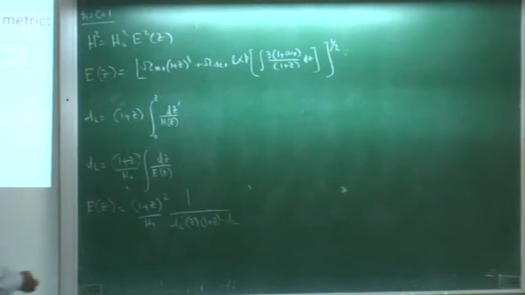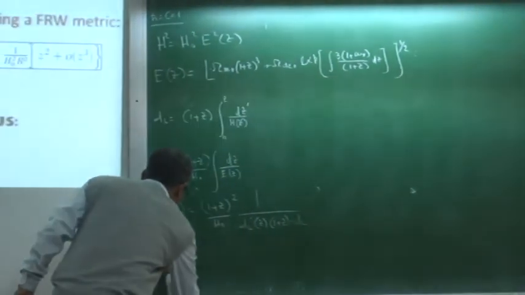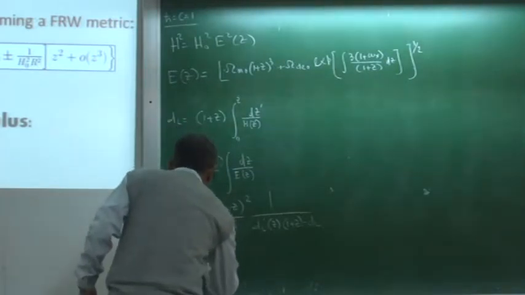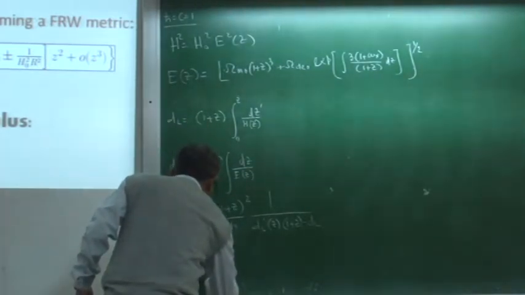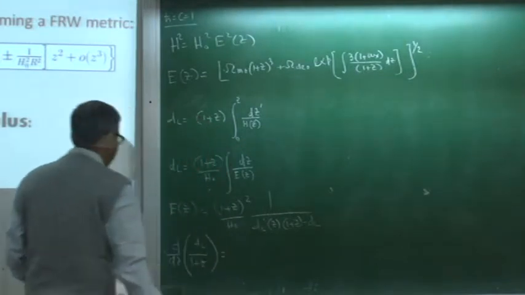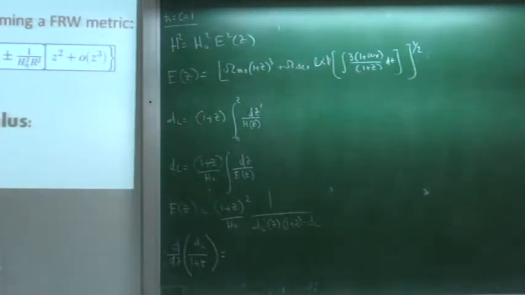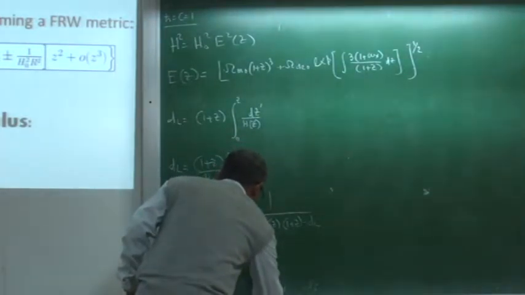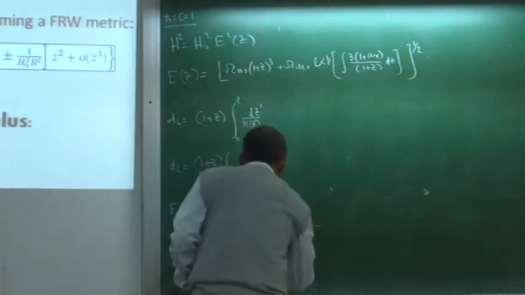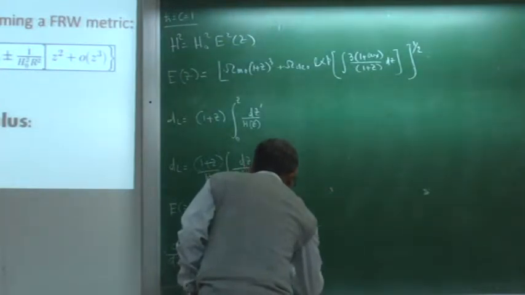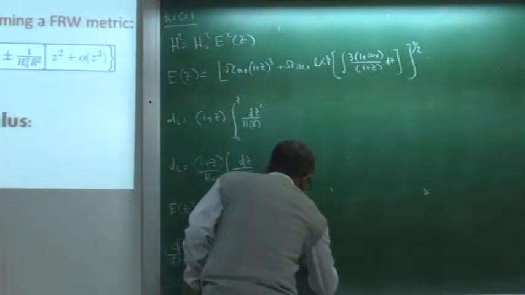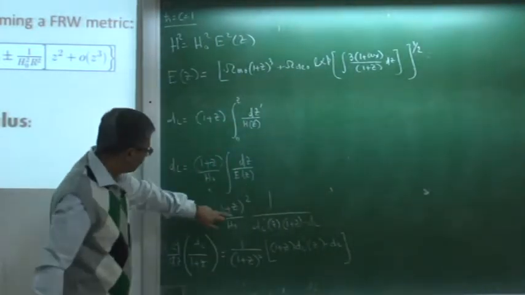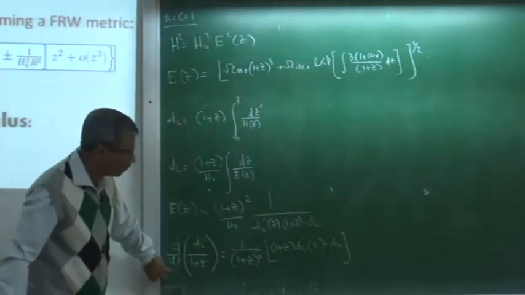Also you can show that if I do this differentiation of dL with respect to z, this will give you this term. Okay, so this term is just the inverse of this.